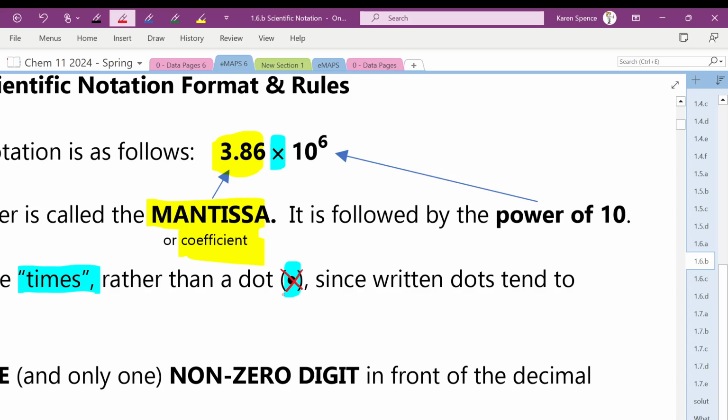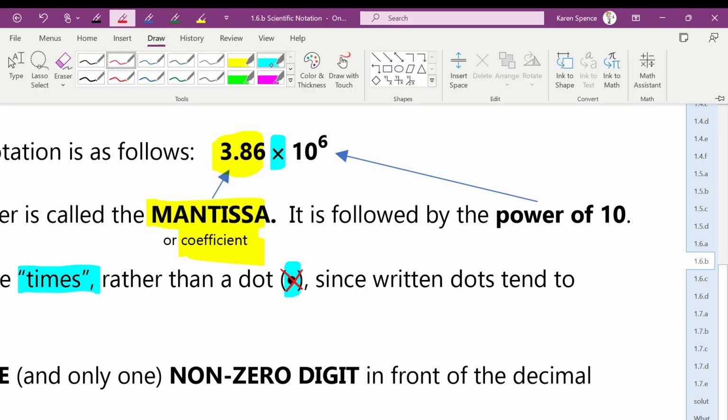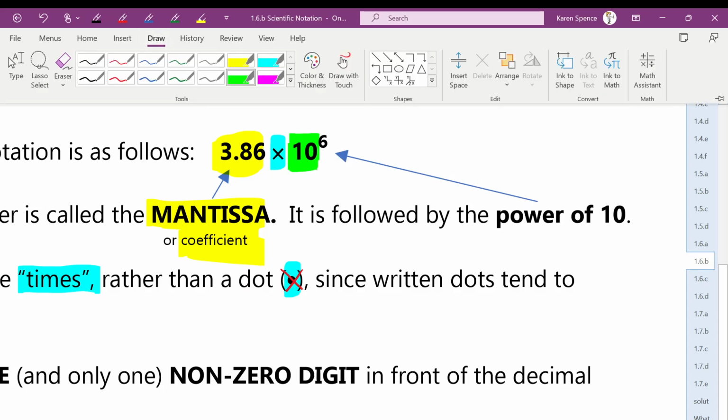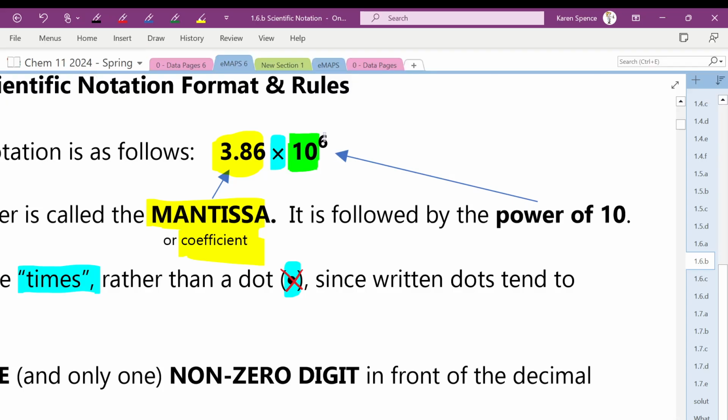And then finally, in scientific notation, we're going to have 10 raised to the power of something, okay? So you need to have, and in fact, maybe I will even highlight this one in a different color because you do need that power, okay?